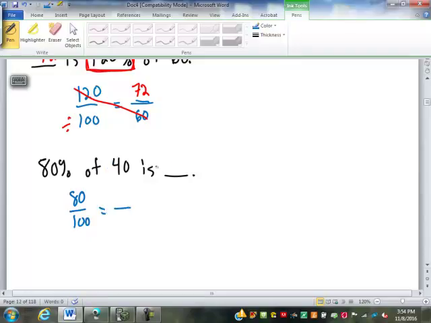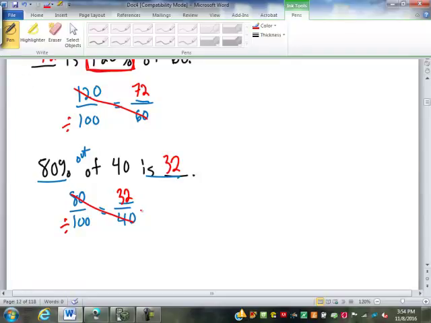Of 40 and is blank. If I'm looking at this, of 40, I can think of it as out of 40, which implies the 40 goes on bottom. Now you look at 80% is blank, so the blank matches up with the 80%. Again, we cross multiply and divide. 80 times 40 divided by 100 is 32. 80% of 40 is 32.